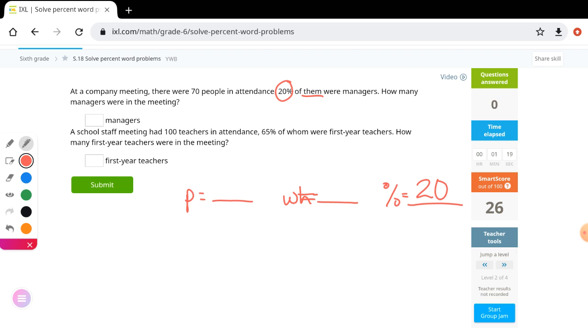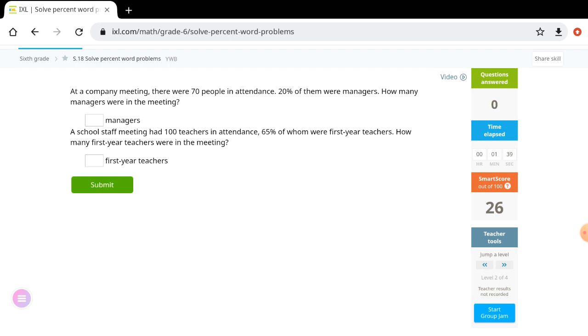No, so that's another way you can think about it. The total number of people is 70. Managers are just a part of those people. But that means we are looking for the part that are managers. So we are looking for P in that one. We could set it up as a proportion and solve it pretty easily. Okay, that's not the ones I wanted though.